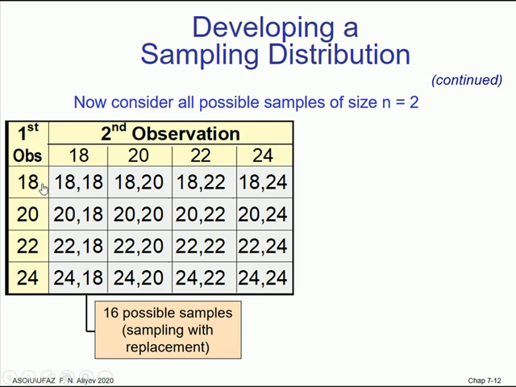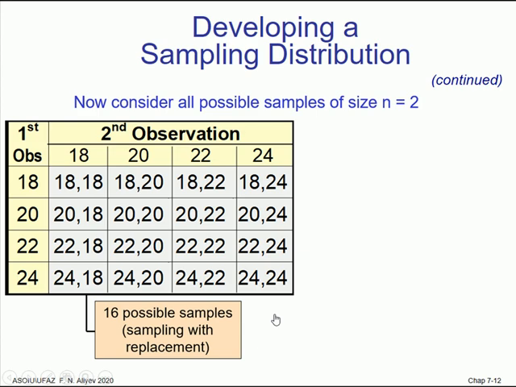Because it's possible that you select the first person with age 18, return this person, and select the same person again. That is why 18, 18 is possible as a sample with size 2. Then 18, 20, 18, 22, 18, 24, and up to 24, 24. As you see, from the population of size 4, we may select 16 samples with replacement. Okay?